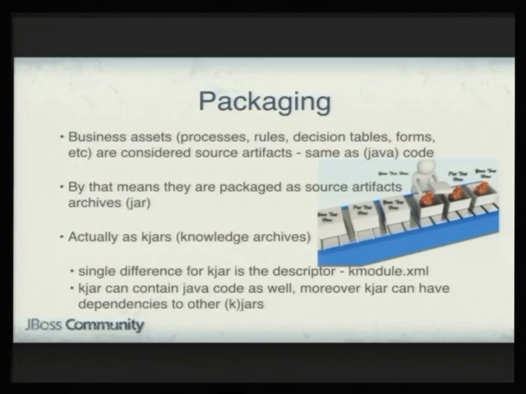Kjars can have dependencies to other kjars, and by that you can include different assets from different kjars into another one. So you can have common cross-organization processes that you know you would like to include in every single project you are going to deploy. You can just make a dependency from that kjar to all other kjars, and they will be available for execution.